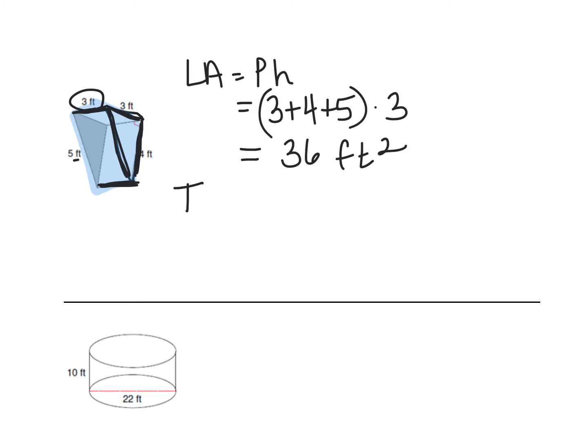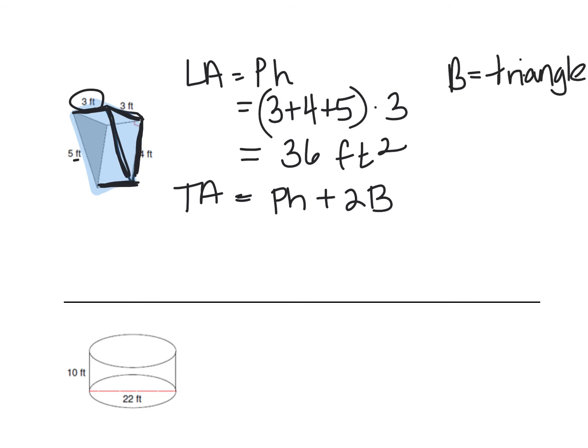For the total area, again, we're going to have the lateral area plus 2 times the base area. So our base is a triangle. And the formula is 1/2 the base of the triangle times the height of the triangle. And we can see that we have perpendicular sides, so we know our base and height are going to be the 3 and the 4.